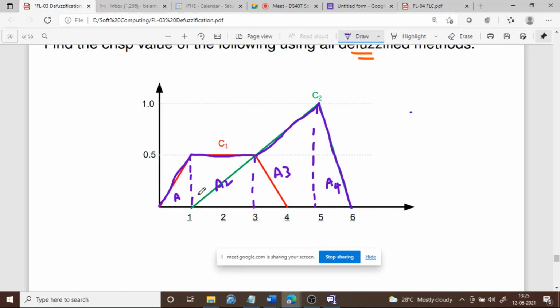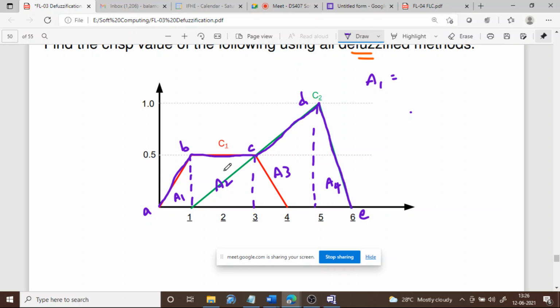Now we can name the points A, B, C, D, E. Now we have to find the area of all these parts. How will you find the area of A1, this entire area?